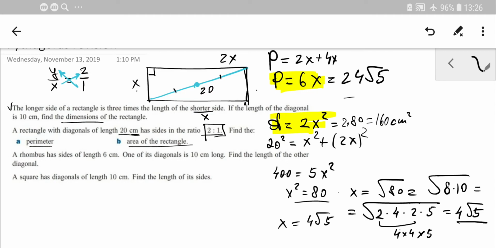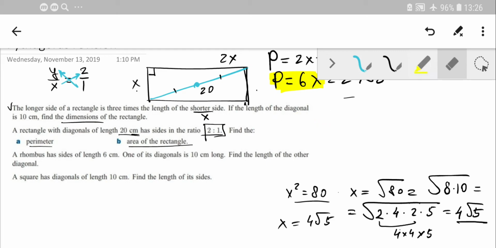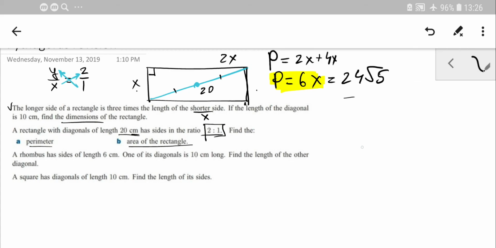Okay, so next, rhombus. Let's erase all the previous ones. So we have the word problem about a rhombus. By the way, a rhombus is a quadrilateral, but the key feature of the rhombus is that all sides are the same.